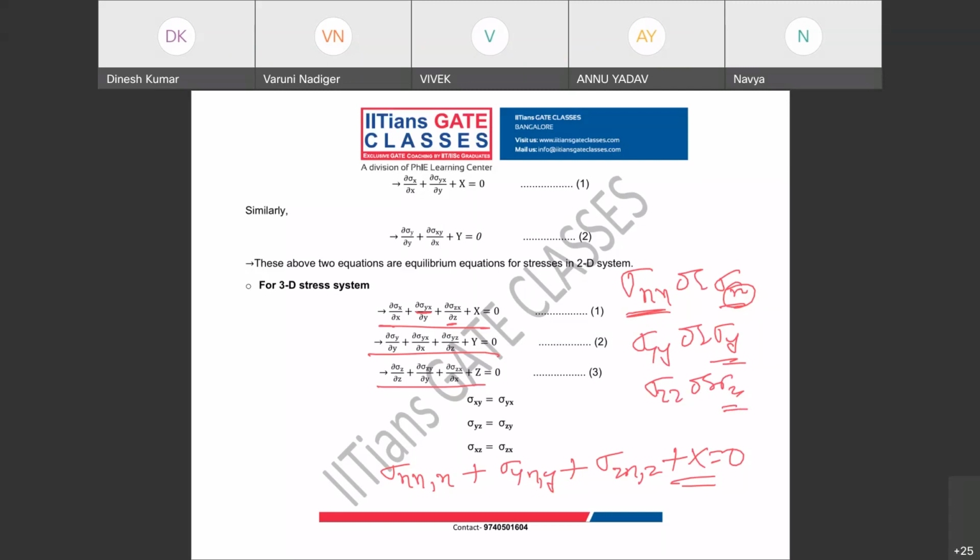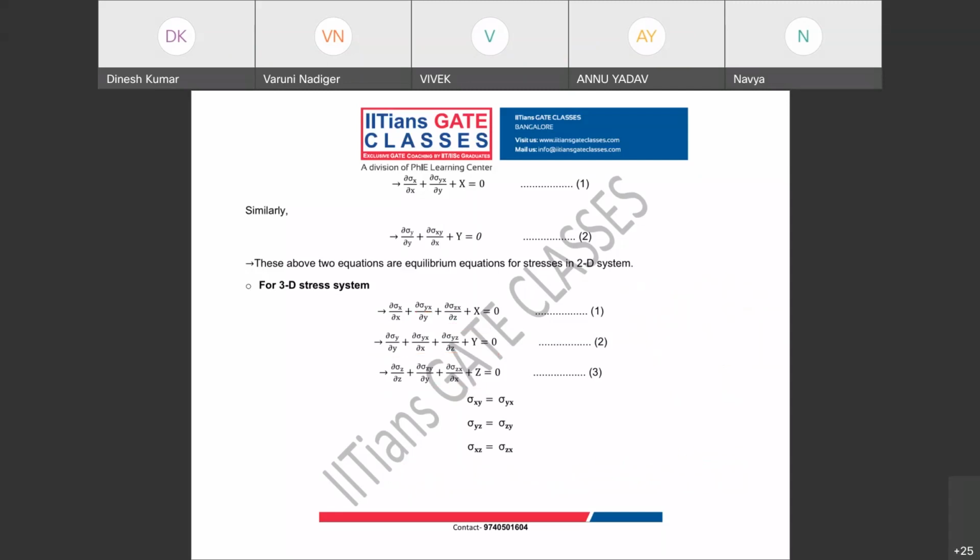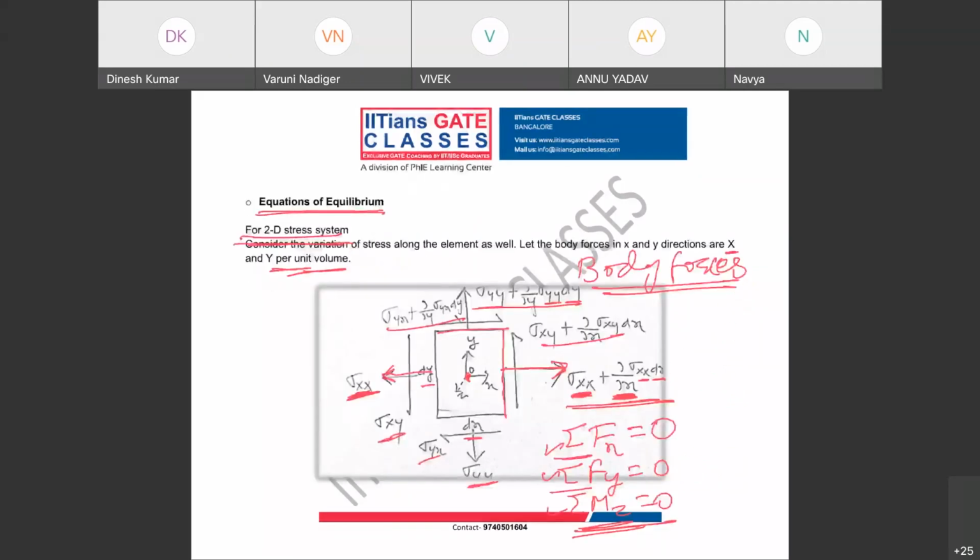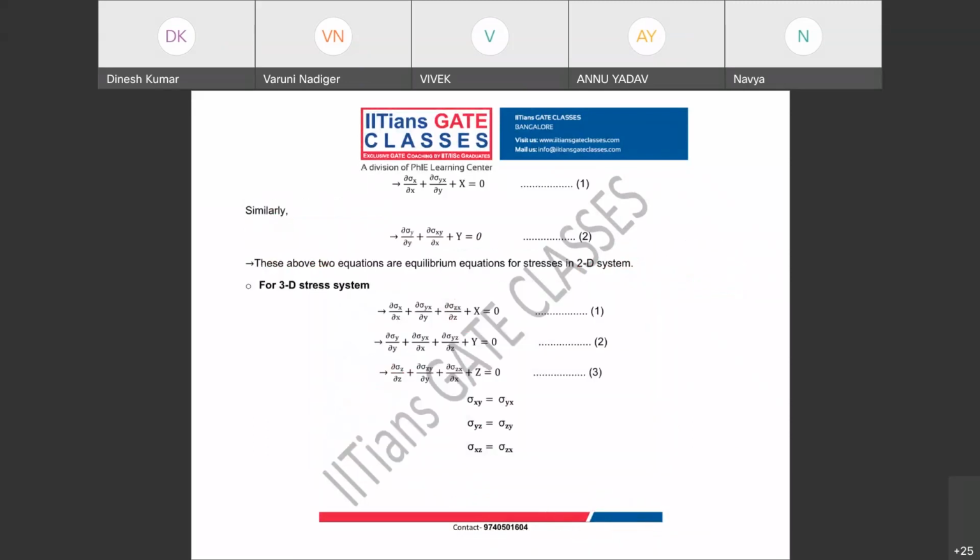So I want to ask why we are taking a derivative of X for sigma X. No, it is from the derivation. When you derive this, from that derivation only these derivatives are coming.